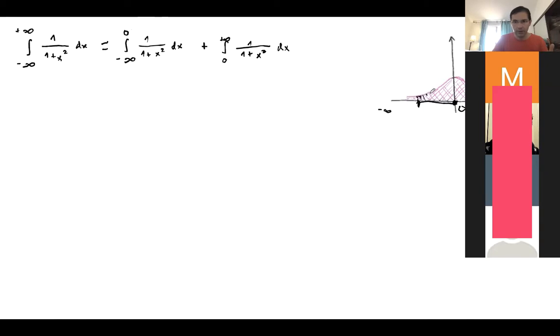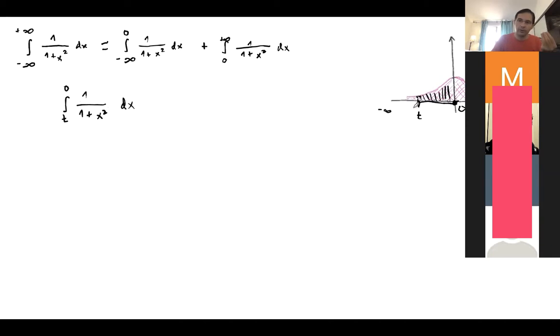I'll call this point t, or some other letter, but maybe t, and I'll integrate from t all the way up to 0 of this function, 1 divided by 1 plus x squared dx. And this definite integral is exactly this area from t to 0.